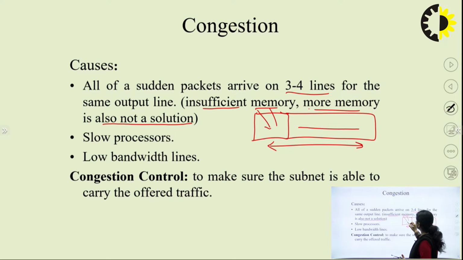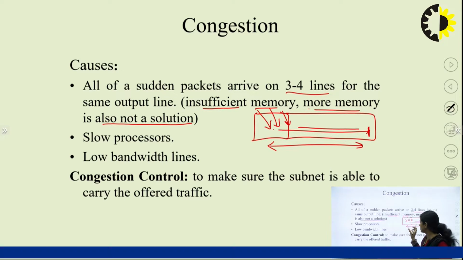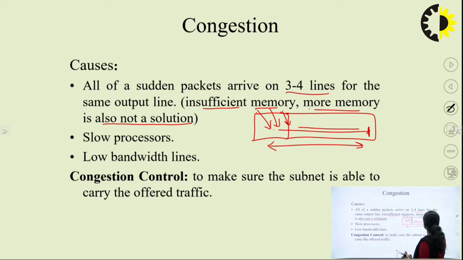Now, by the time these packets get to the front of the queue, the time to live of the packet may decrease, and it will take a longer time to reach the front of the queue. That means again there will be a delay, right? So, we say increasing the memory is also not a solution.